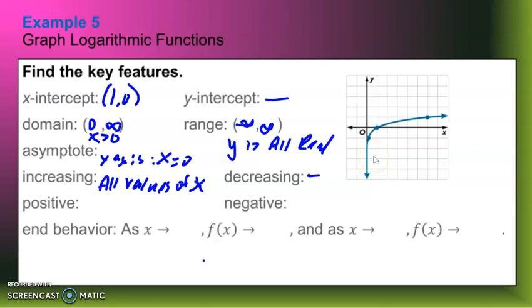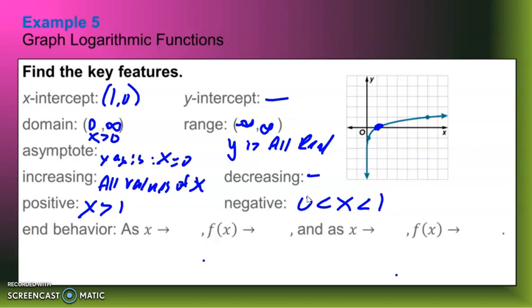It's positive, above the x-axis, when x is greater than 1. So I'm just looking at the x-intercept. When I go to the right of the x-intercept, it's above the x-axis. And it's negative when x is less than 1, but greater than 0, because again, it doesn't go past 0.